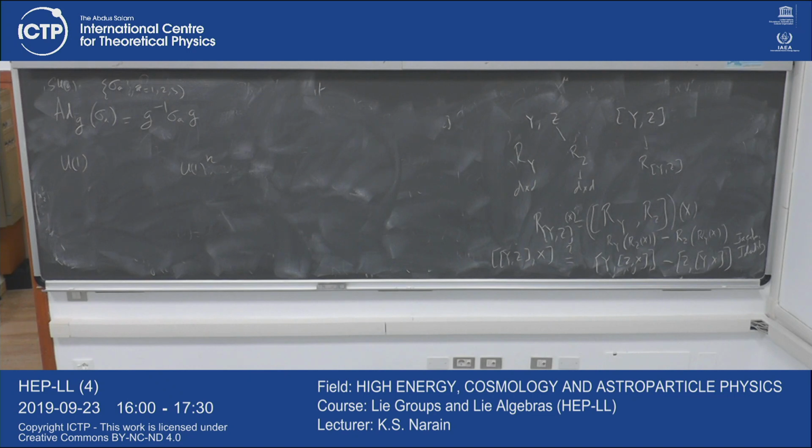Now, if G is the element which generates the representation, then Ad G acting on G will be G itself, not identity, because G inverse G G is G.